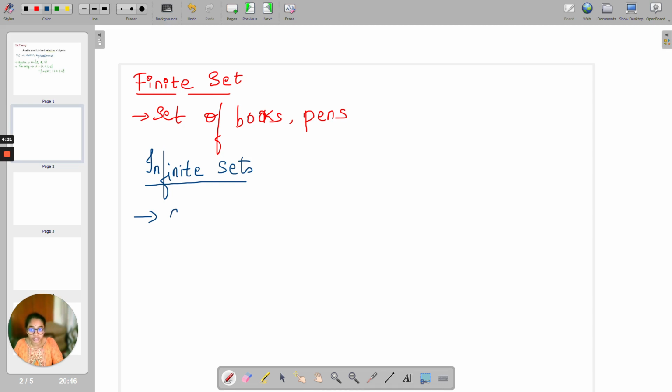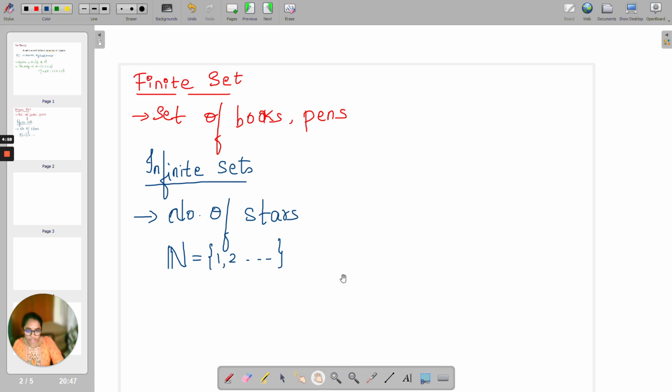No, right? Number of stars cannot be counted. So that would be an infinite set. What is this symbol? Doesn't this represent the set of natural numbers? Yes. So can the natural numbers be counted? No, right? So that is an infinite set.